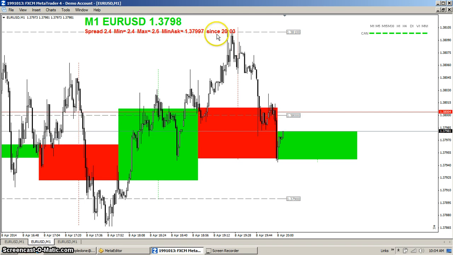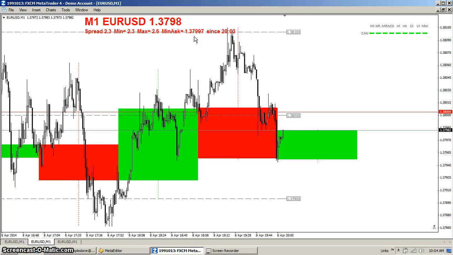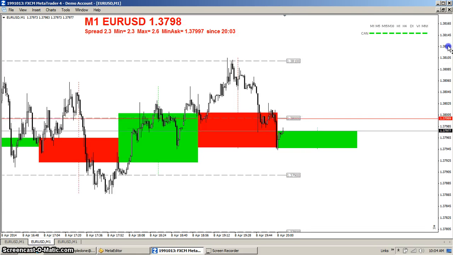So you can find out what that minimum ask was since 2013. Why minimum ask? Because that's the lowest price you could have bought in at. Even though the bid's lower, you can't buy at that price. You have to pay the ask price. Unless you're at a broker that allows you to use limit orders.